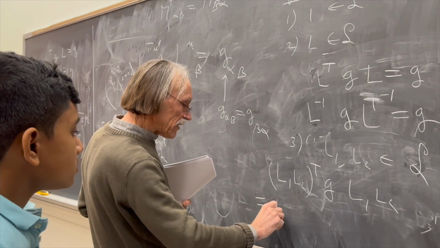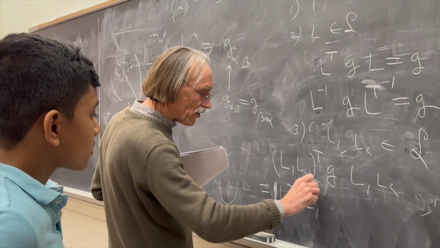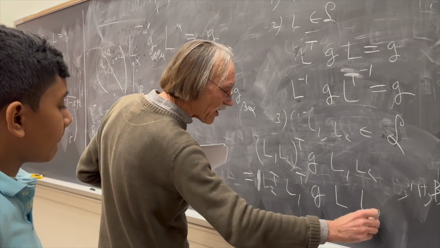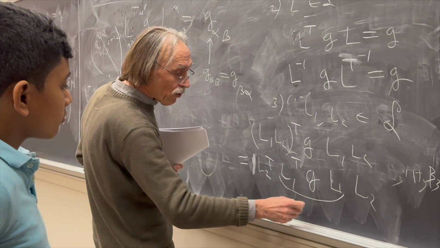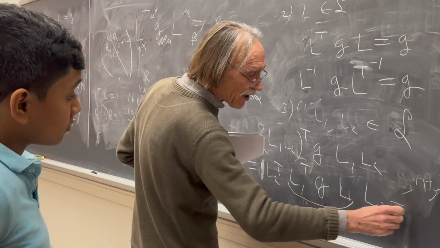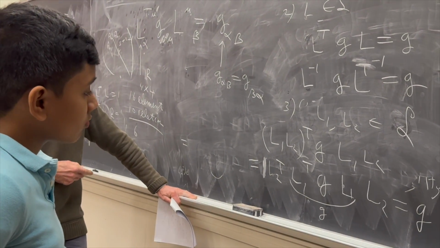What is that? That is L2 transpose. When you transpose, you change the order. L1 transpose G L1 times L2. So this is again G because L1 is in the Lorentz group, and then L2 is also in the Lorentz group. So the product is also in the Lorentz group.